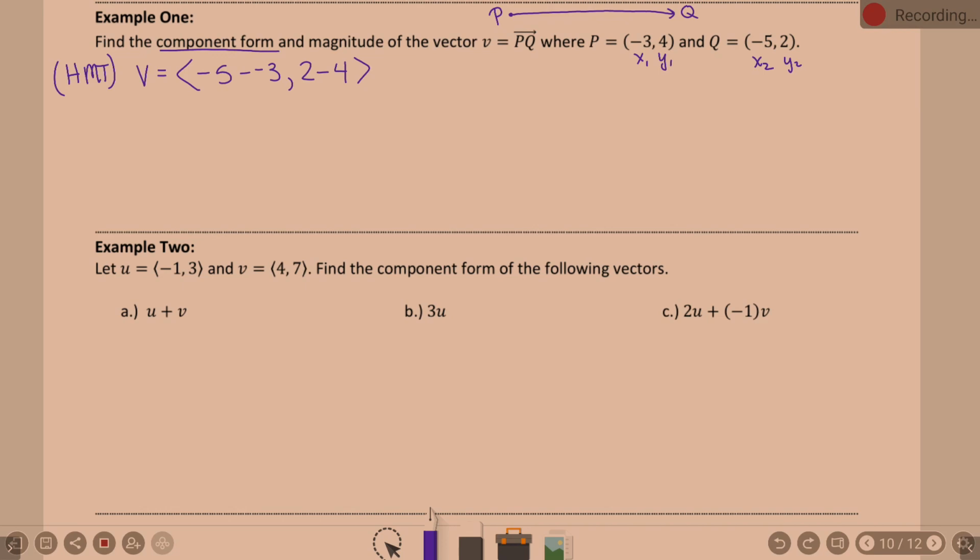Heads minus tails, so it's Q minus P in this case. Clean it up and you have your component form. Negative 5 minus negative 3 is? Negative 2. Negative 5 plus becomes negative 5 plus positive 3. And then 2 minus 4 is? Negative 2. Okay, right there, you have found your component form.